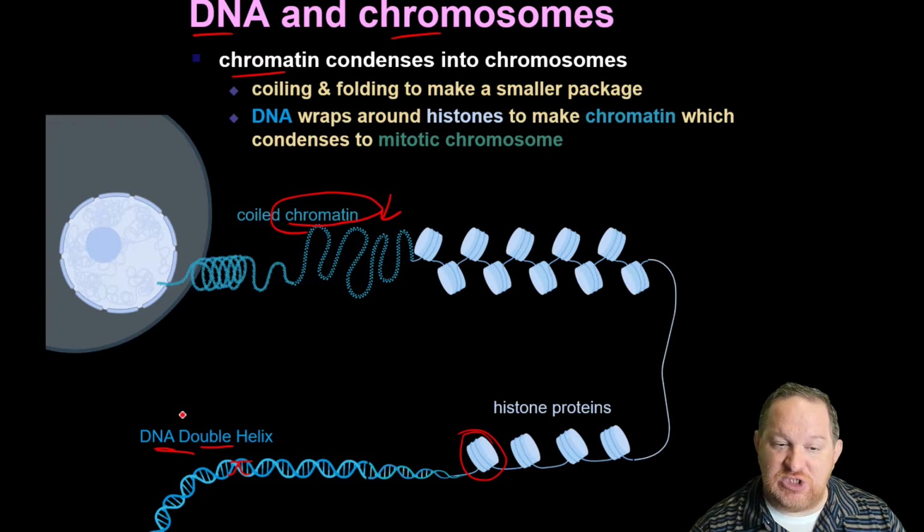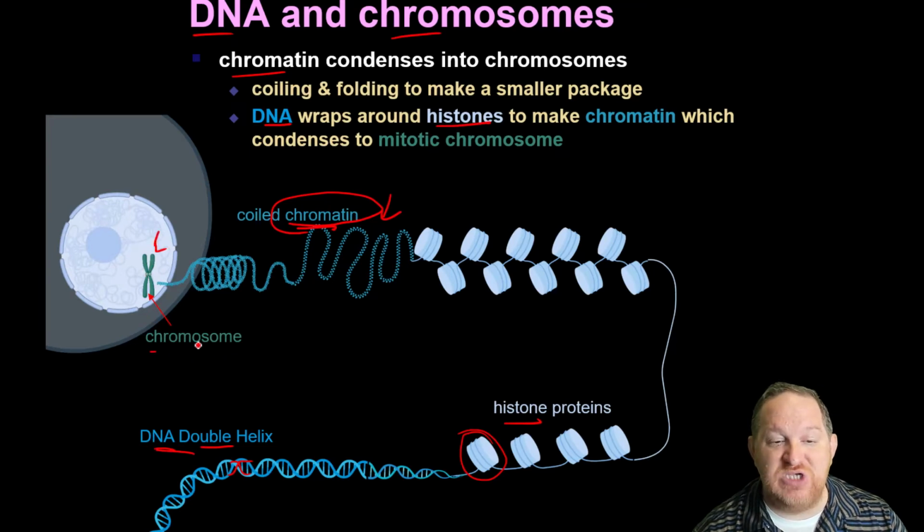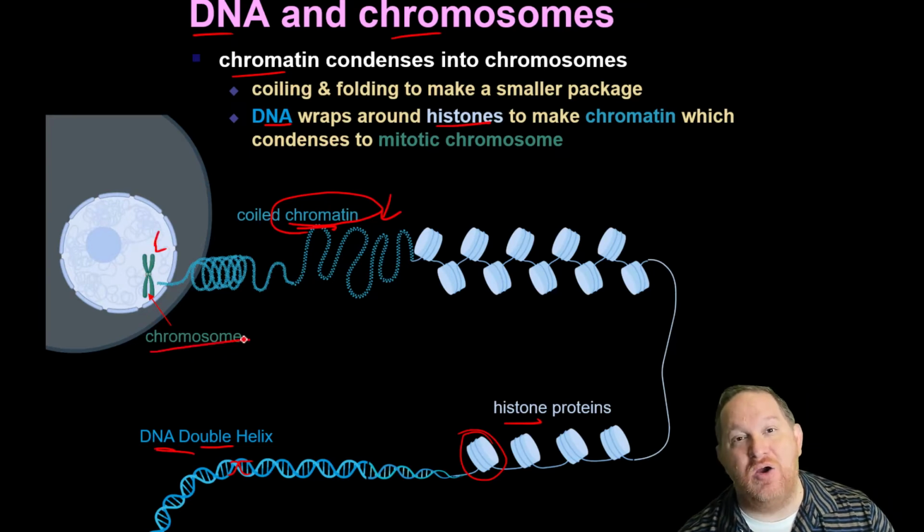Chromatin is just DNA wrapped around these histone proteins. But notice this is not yet coiled into chromosomes. So the DNA wraps around the histones to make chromatin, which is now going to condense even more into a chromosome that we find in our nucleus.